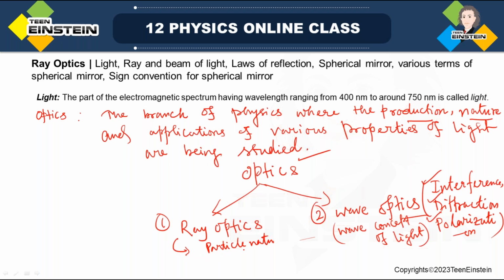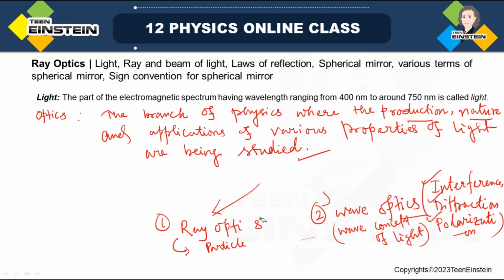And then the laws of reflection. This ray optics developed based on the corpuscular nature of light and laws of reflection, refraction, etc. I think I have written that down. I'll just show you here.